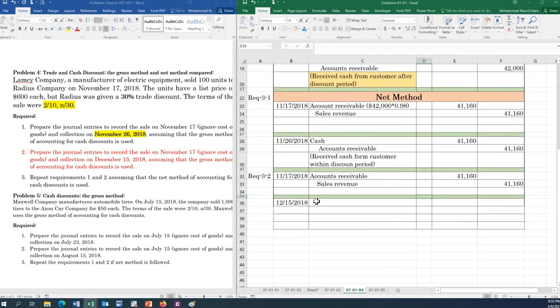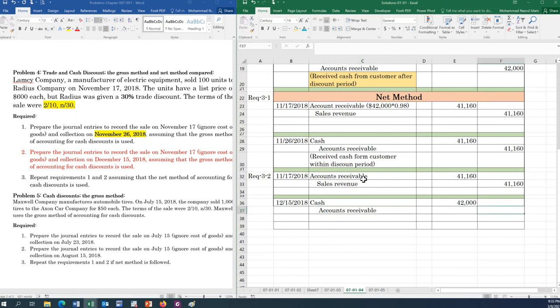And now we are receiving after the discount period. So we are actually receiving the entire amount of 42,000, and let's see how we deal with the discount we have calculated.